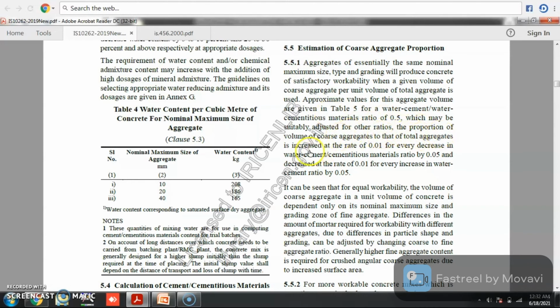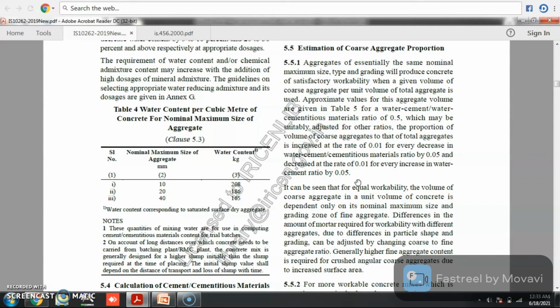The proportion of volume of coarse aggregate to that of total aggregate is increased at the rate of 0.01 for every decrease in water cement ratio of 0.05, and decreased at the rate of 0.01 for every increase in water cement ratio of 0.05. So if your water cement ratio is less than 0.5, you have to increase the volume of coarse aggregate in the total volume of aggregate.